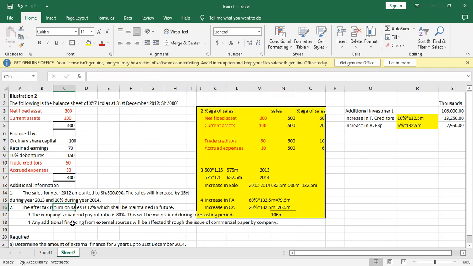And then any additional financing will be through the commercial paper. Now you can see, there could be, but you are going to check. I don't want to preempt.